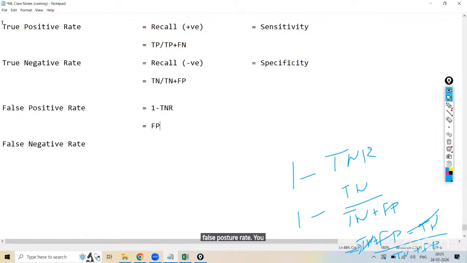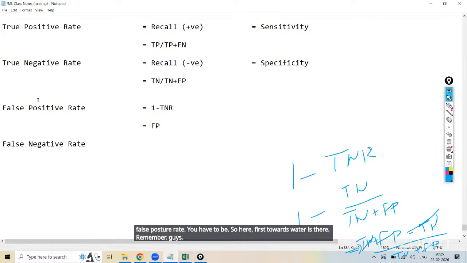Remember guys, the first two words whatever is there, write those first two words as is, divided by the same first two words as is, plus the opposite.